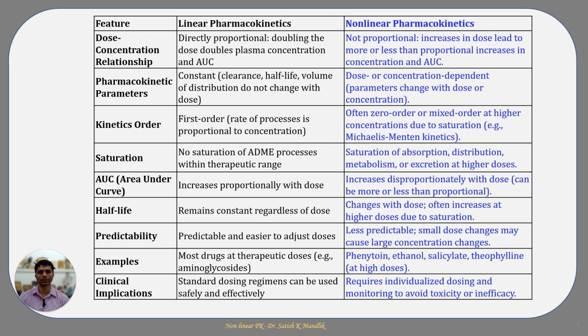At the higher doses, where active transport is involved during ADME, it becomes saturated, and these drugs exhibit non-linearity. The clinical implication for such drugs is that non-linear pharmacokinetics requires individualized dosing, and we need to monitor to avoid toxicity or inefficacy.